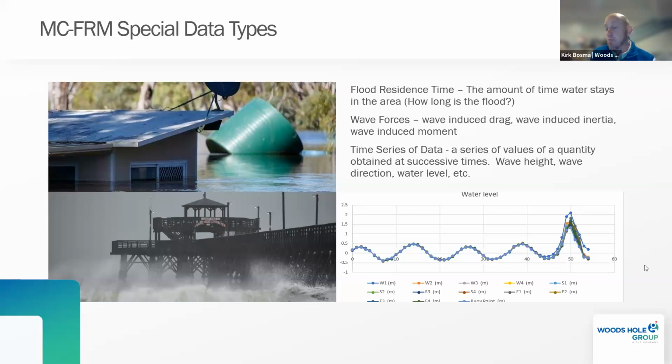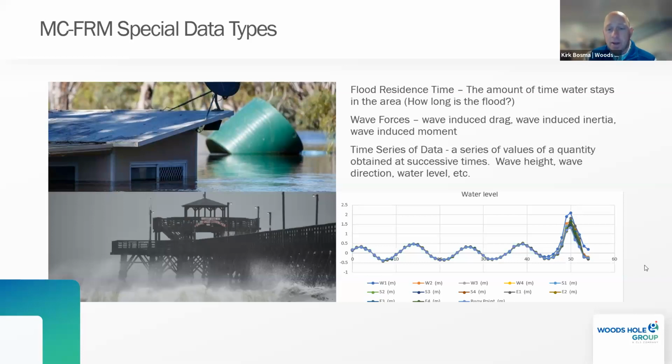Of course, it can have ponds in certain areas where water sticks around, but if it can flow back out, it will. And so we can get things like residence time, meaning how long does the water stay in a certain area, right? Residence time can be used for a lot of different things, water quality and other factors. But in this case, we're talking about a flood residence time.